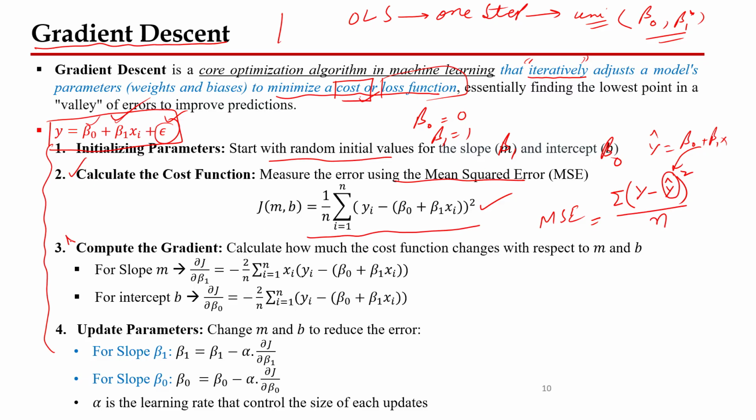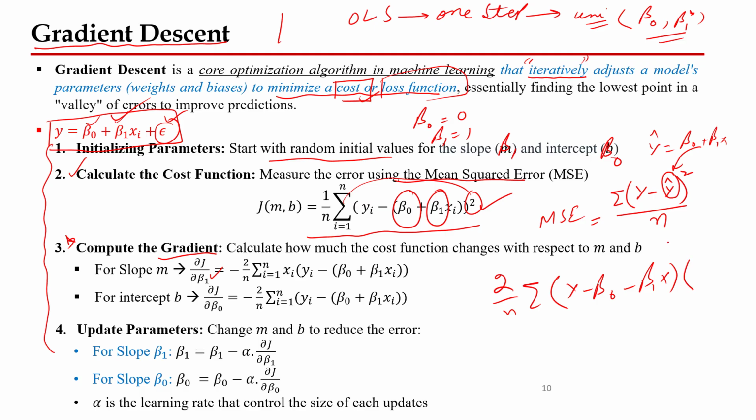In step number 3, we are going to compute the gradients with respect to beta naught as well as with respect to beta 1. When we say the gradient, that means we are going to do the differentiation. If I take the derivative with respect to beta 1, the power 2 comes first, so this is going to be 2 by n summation of y minus beta naught minus beta 1 x.